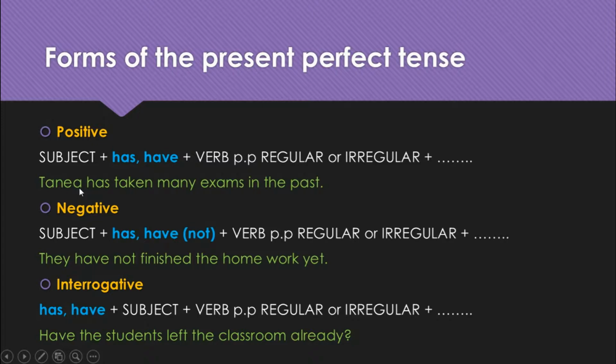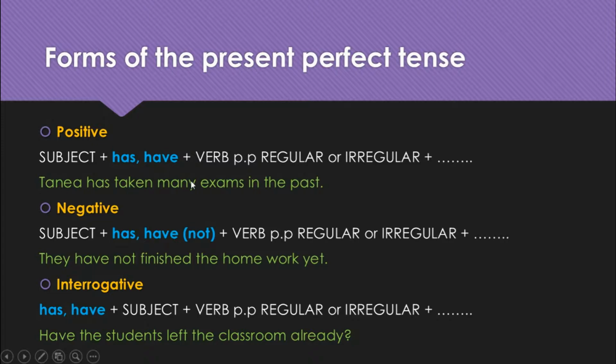I'm not focusing on one event, a specific event from the past. No, I'm telling you about her overall experience with exams. It is completely different from specifying or focusing on a specific event from the past. That is the difference between present perfect and past simple.